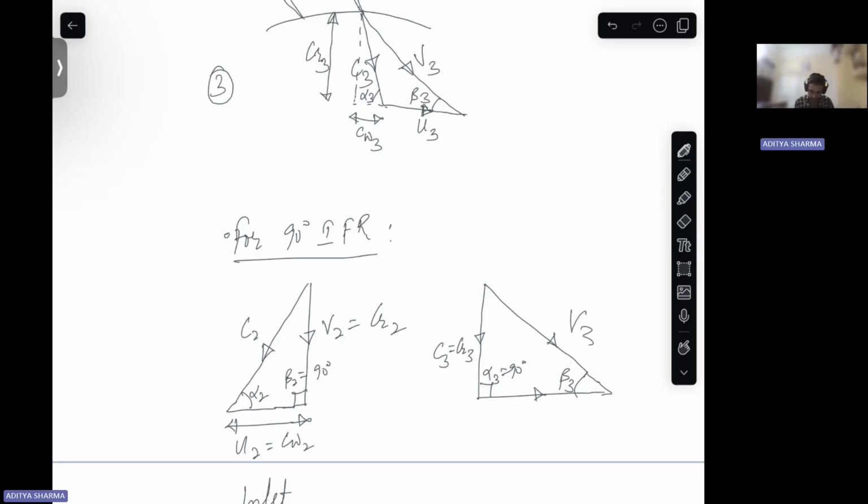Then V3 you have. Okay. So this exit will only be in radial direction. There is no tangential component here, right? And then you have this blade velocity U3. Okay.